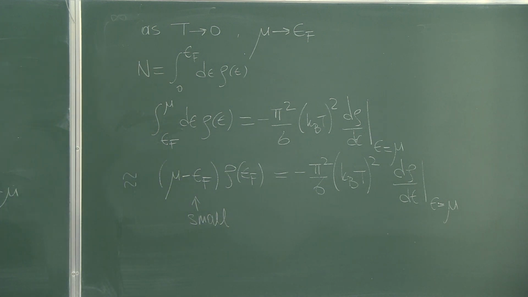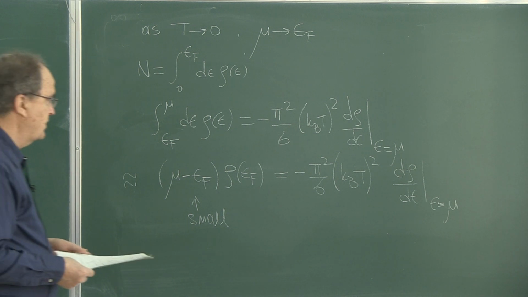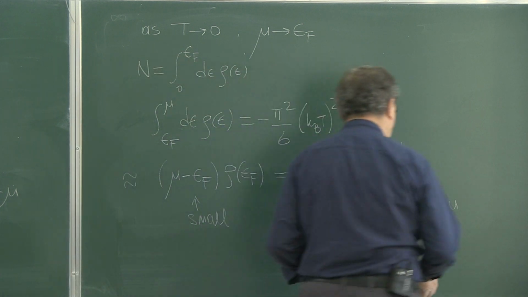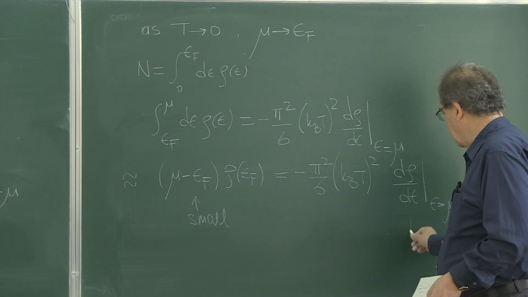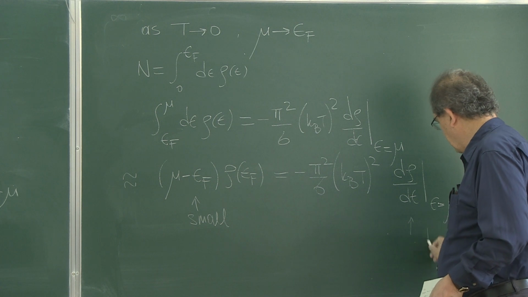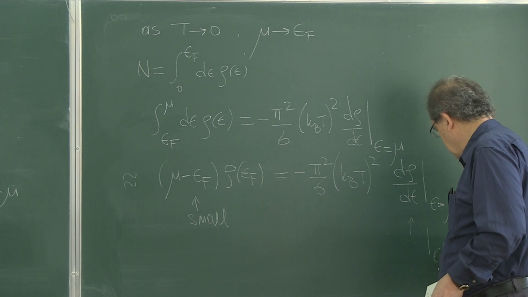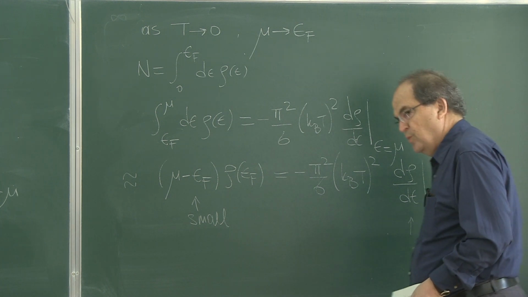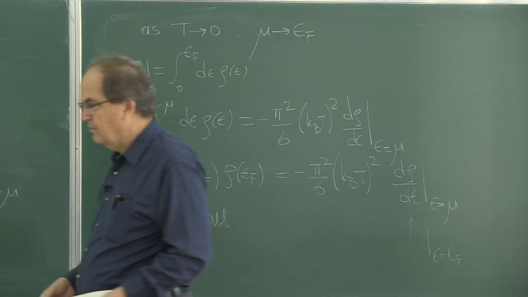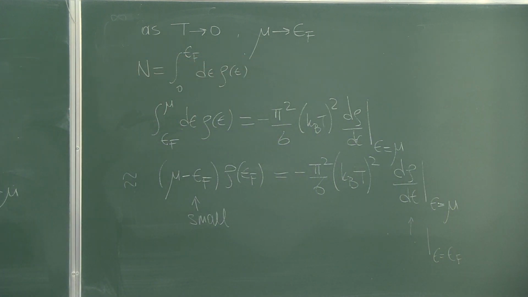We have a very small difference. So when this is small, I can approximate this as calculated at E equals EF instead of mu. I'm very close to that value.